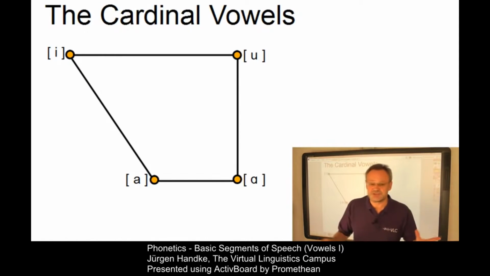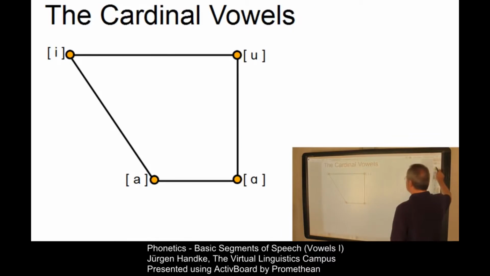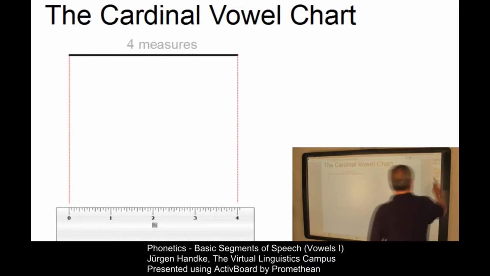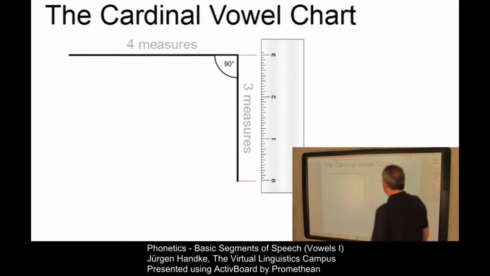The proportions of this reference model or coordinate system are clear, and this is how to construct it. First, we need a top line which is 4 measures in length, drawn horizontally. Then we need a second line, the right-hand vertical line, which is 3 measures in relationship to the 4 measures of the top line, and the angle between the two lines is 90 degrees.